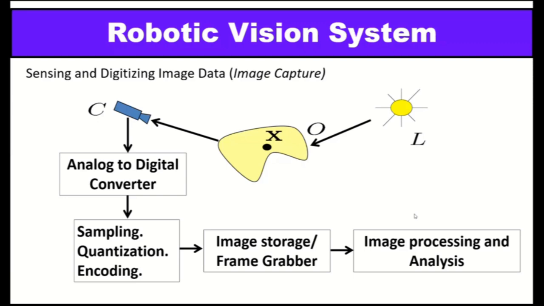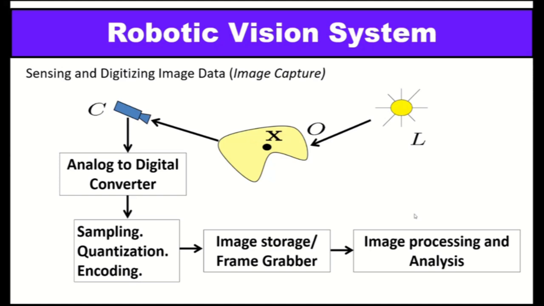Now the light source, either natural or artificial, is falling on your object or configuration space point. That light is reflected to the camera, and through the camera you are capturing that scene or image.